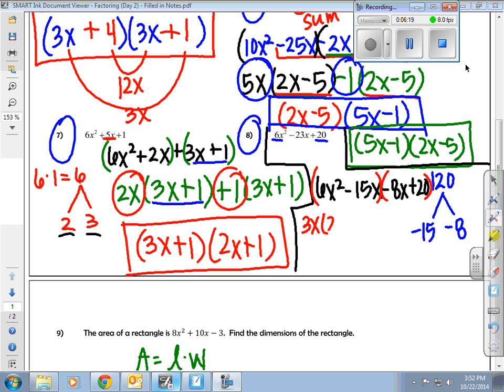So I would have 3x times 2x minus 5. Then I notice that out of the next one I can factor out a negative 4. So I would have negative 4 times 2x minus 5. Once again, I would have 2x minus 5 and 2x minus 5. One set of parentheses is 2x minus 5, and the other is what I have left over, so 3x minus 4.